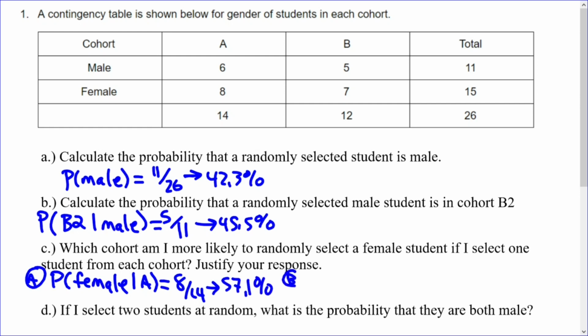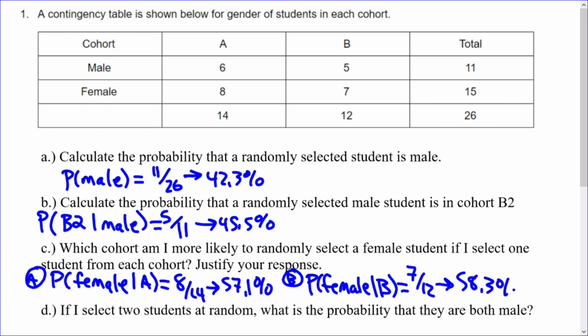For cohort B, we're finding the probability of being female given that they are in cohort B. So within cohort B, we're going to look at the values. We see there are 7 female students out of a total of 12. As a percent, that is going to be 58.3%.